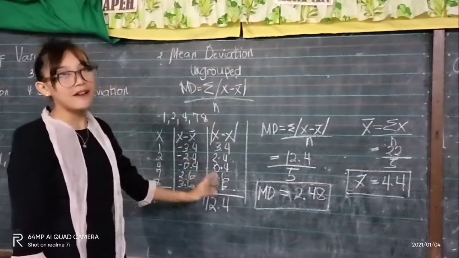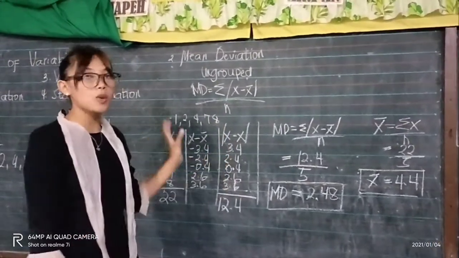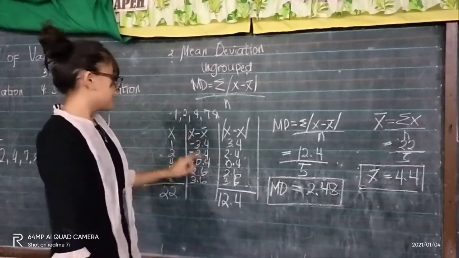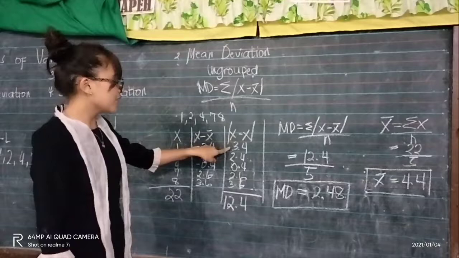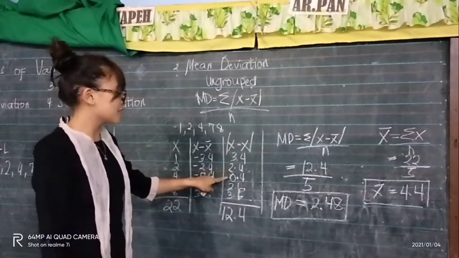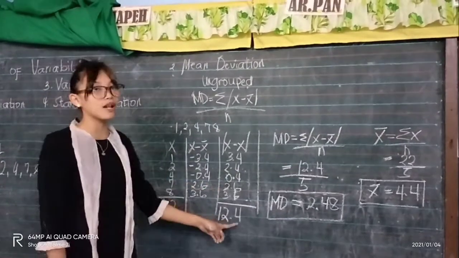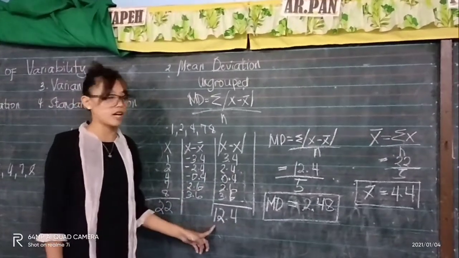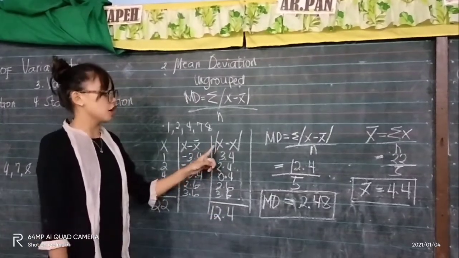In absolute value, all the terms are positive, no negative. So that's the purpose of the absolute value. Now we add 3.4 plus 2.4 plus 0.4 plus 2.6 plus 3.6, which is equal to 12.4. So we already have our value for this.